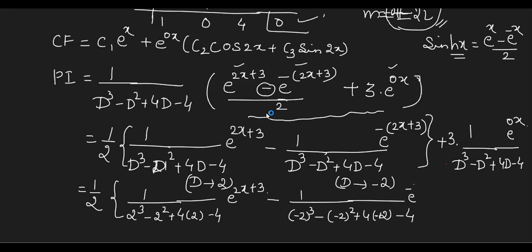E raised to minus 2x plus 3, plus 3 into. Now here, what is the coefficient of x? 0. So surely it will not become 0; 0 is also not a root. What do we get? This is 0, this is 0, this is 0. What remains is only minus 4.